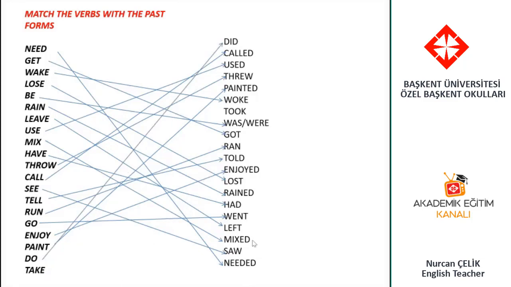Do, did, irregular. And take, took, also irregular. So you can easily find out that regular verbs take D, ED, or IED, and you can easily find the regular and irregular verbs.